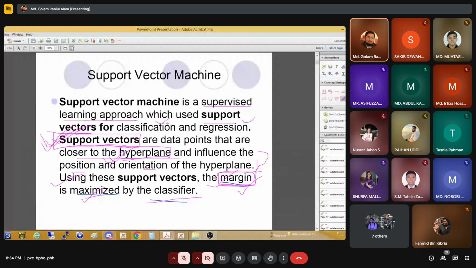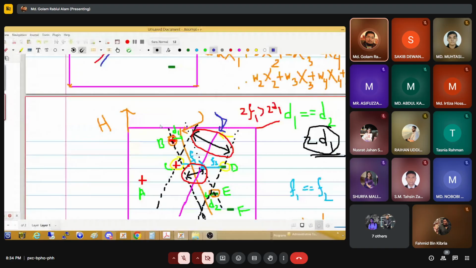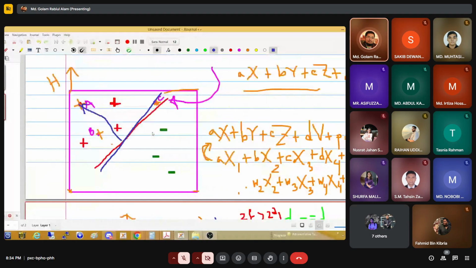And to define the margin, we also saw how to draw the gutter. Now the next thing is, if we want to find the support vectors, then we have to measure the distances from each and every data point to our hyperplane.